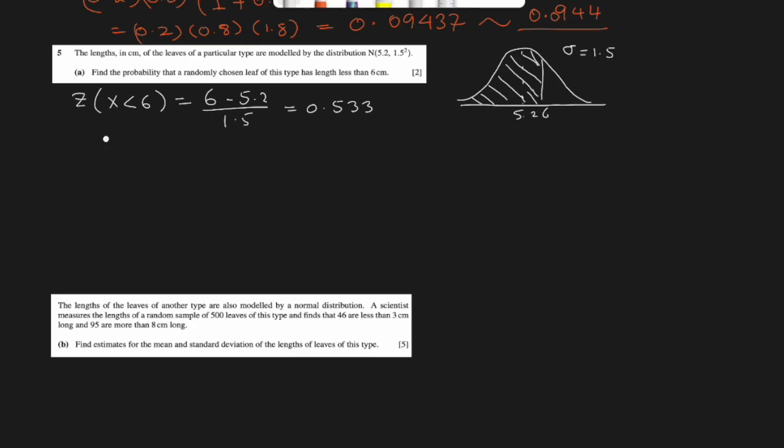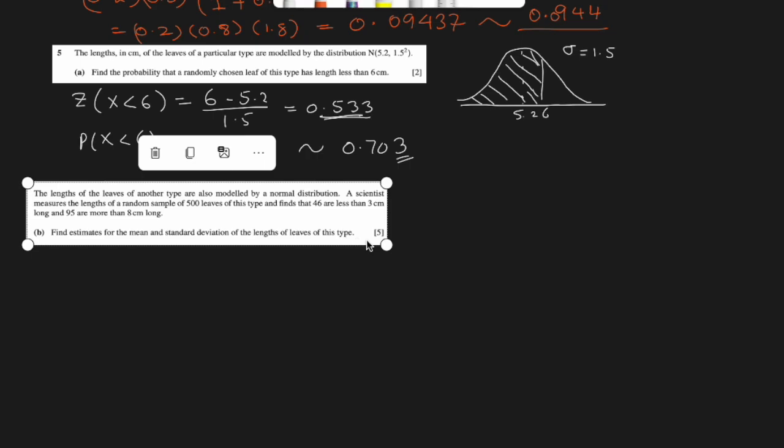So the probability that X is less than 6 will be the probability connected to this Z score, which was 0.7029, and we can round it off to 0.703. This is the probability that the leaf will be 6 centimeters or shorter.